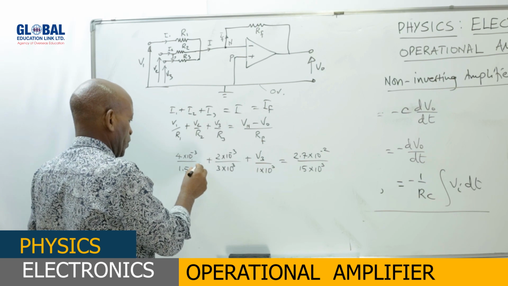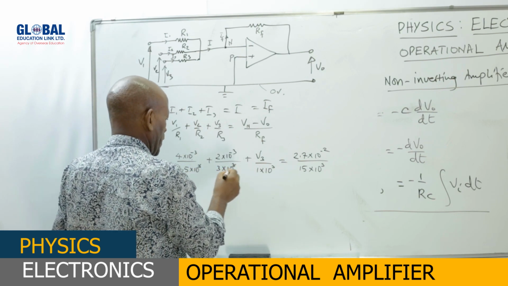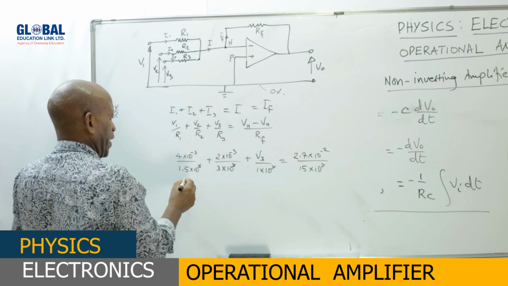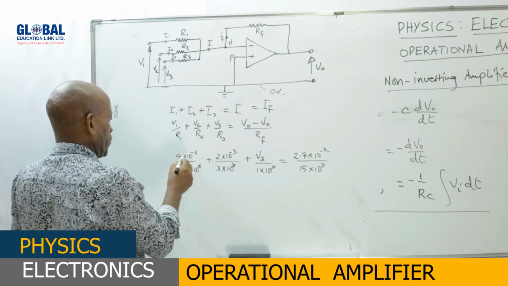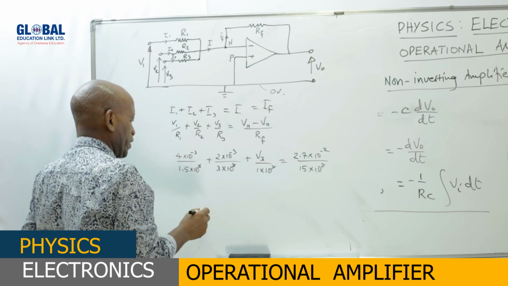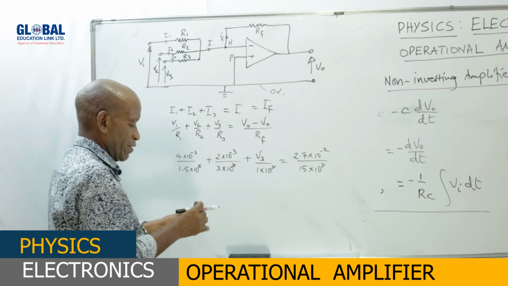Okay, so you can see that these particular values can be cancelled, and we could take 4 times 10 to the power negative 3 over 1.5. This can be computed, and we can obtain this very quickly.